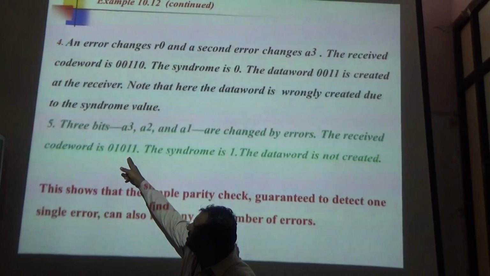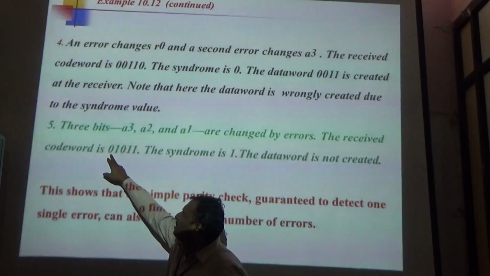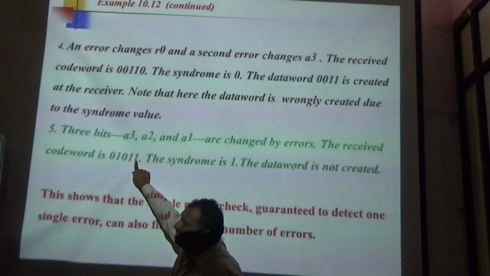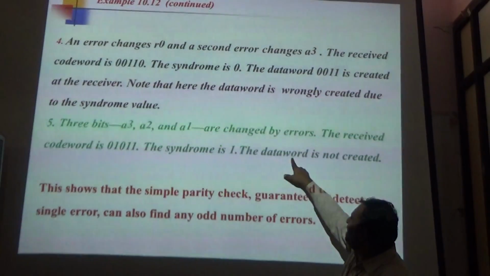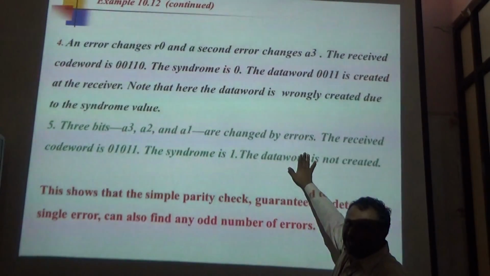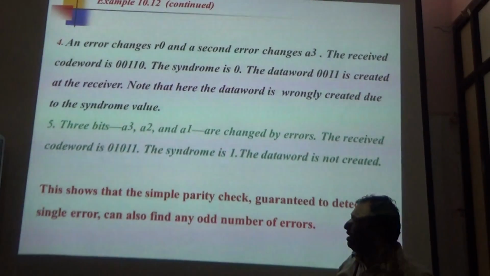After 3 bits got changed, if we check the parity of this it will be 0, but this value here is 1, and that is why the error is detected and the data word is not created. In the earlier case, the error was detected when a single bit error was there.